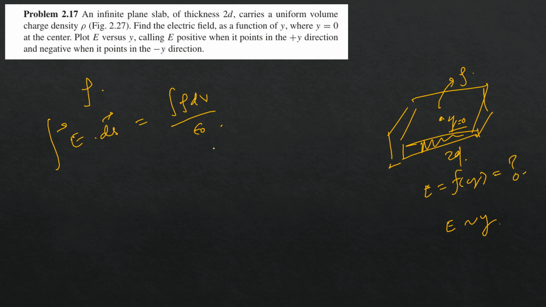Otherwise, we can simply write it as Q enclosed by epsilon naught. Now then, what is Q enclosed?